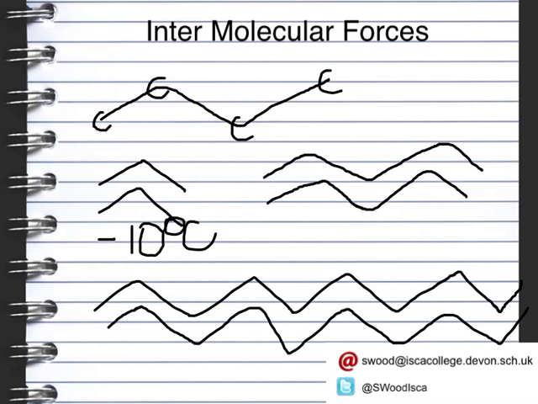Now this one here, which is perhaps pentane, might have a boiling point of about 40 degrees, and then this one here, which is a lot longer, may have a boiling point of about 100 degrees. So the bigger the molecule, the higher the boiling point will be.